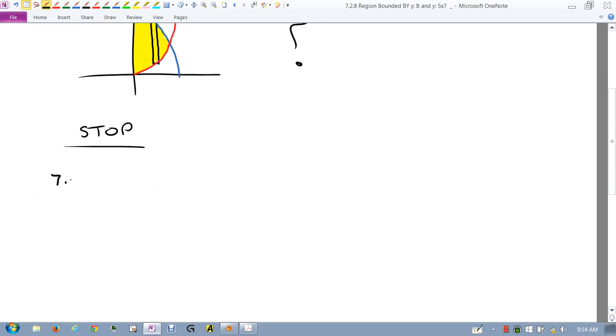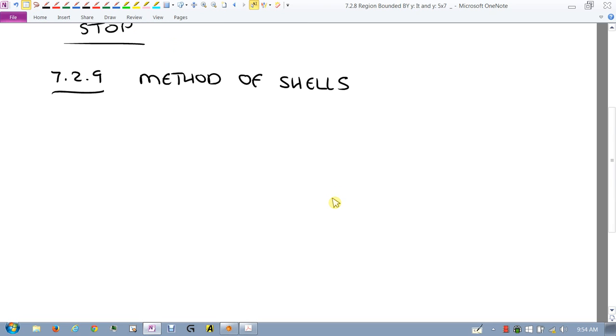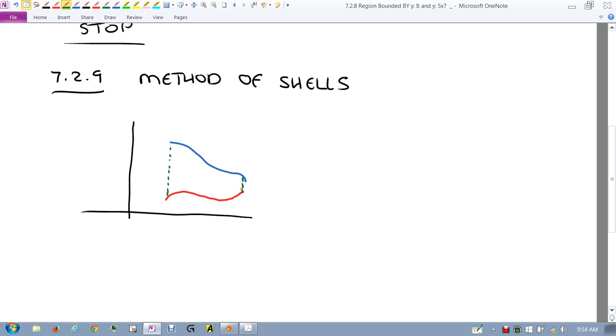728, 729, method of shells. I'm going to have to draw a picture. What's key in this problem is to realize that you still have a region that's bounded by two functions of x.